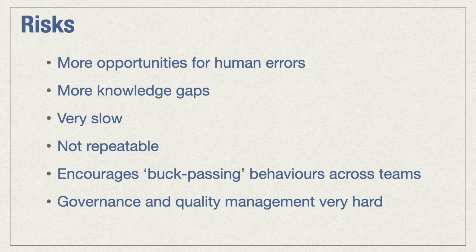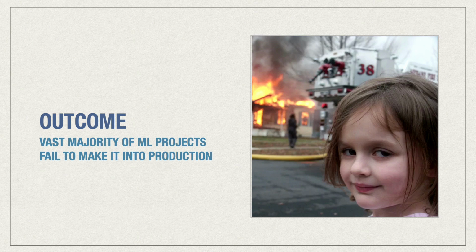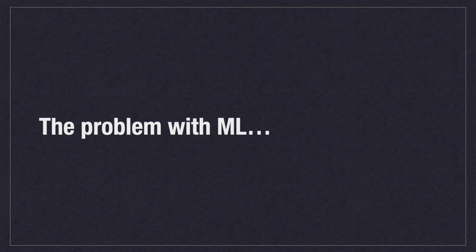So we're back in a situation where governance and quality management are difficult. And the outcome is that currently the vast majority of machine learning projects actually fail to make it into production. So what is the big problem with machine learning? Why can't we just treat it like anything else?